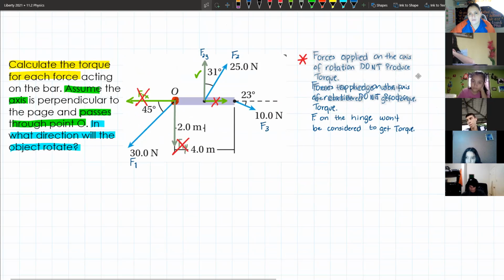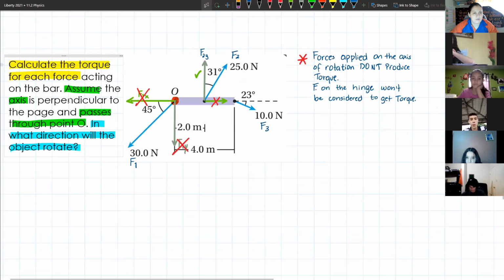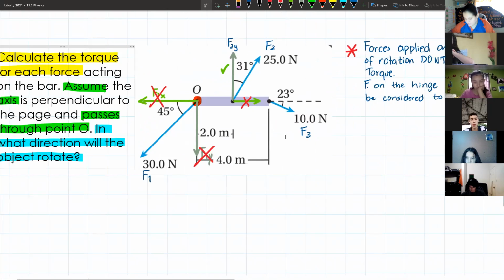Put this here. Okay, we need to zoom in a little bit. Now, how is this force according to the angle? Is it touching the angle or is it in front of the angle? How can I get this component? It's touching the angle. If it touches the angle, what trigonometric function do you use?